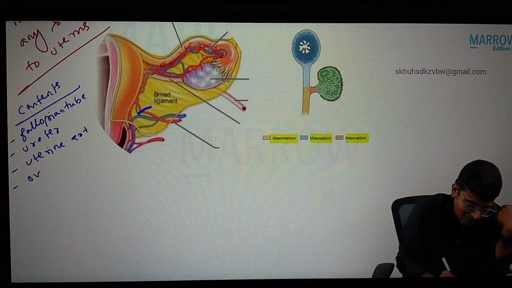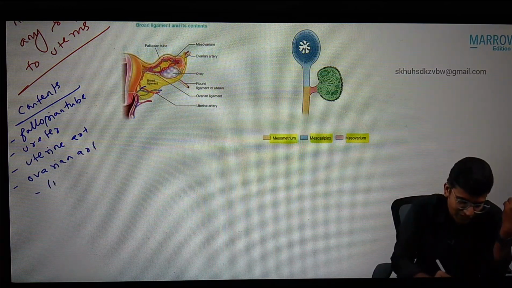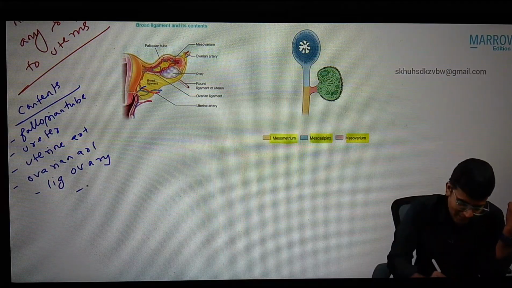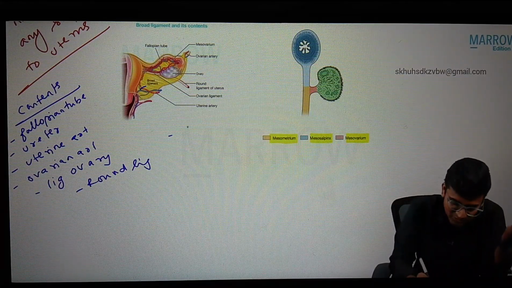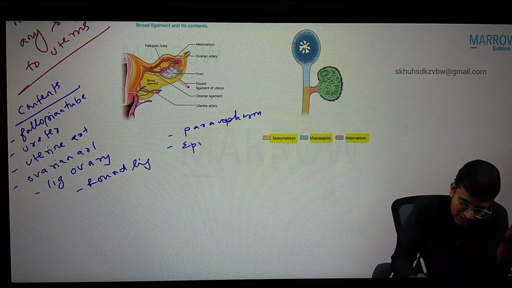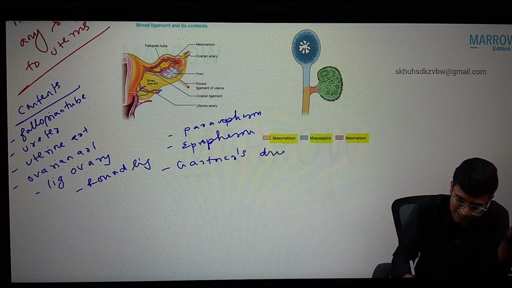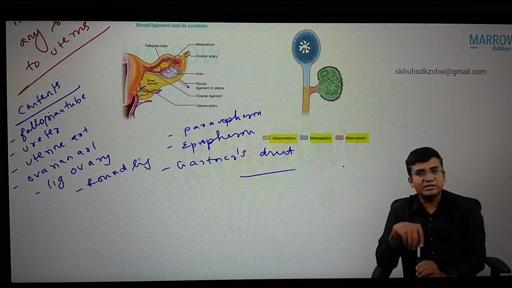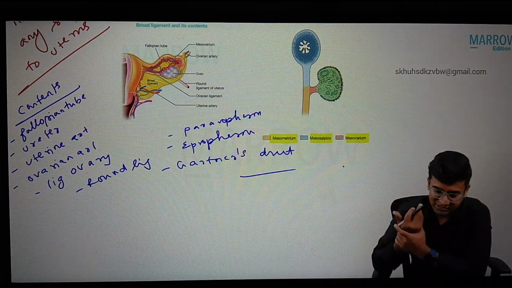Two ligaments: the ligament of the ovary and the round ligament. And three embryological remnants: paroophoron, epoophoron, and Gartner's duct. These are the various structures present in the broad ligament. So that's all about the ligaments of the uterus.